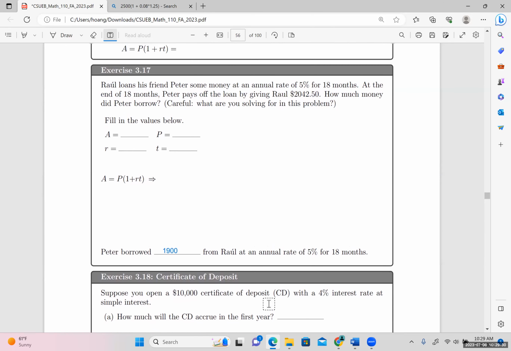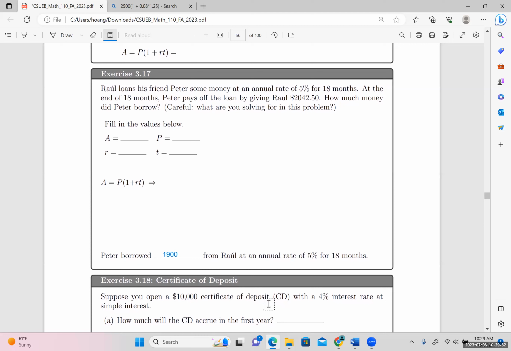Actually I'm going to show you 3.17. Okay, so let's read this first. Raul loans his friend Peter some money at an annual rate of 5%. So we have rate is 5%, 0.05, right?